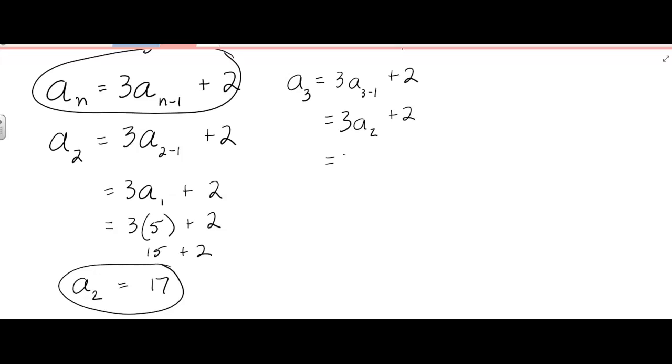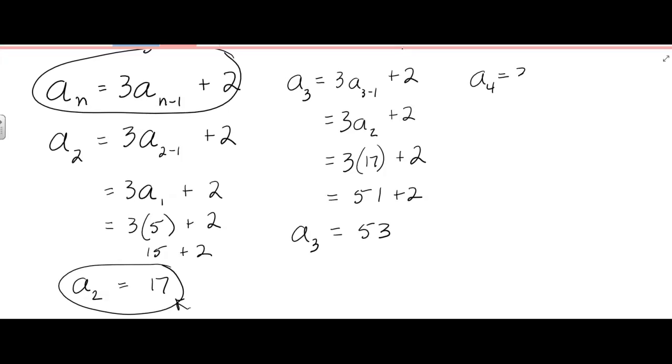Now, do you know a sub 2? You do. You just figured it out. It was 17. Okay, now I have to know what 3 times 17 is. I'm pretty sure it's 51, but you have a calculator. You can check that. Okay, 53 then. Now I know a sub 3. Check.